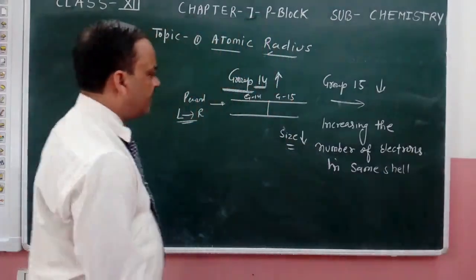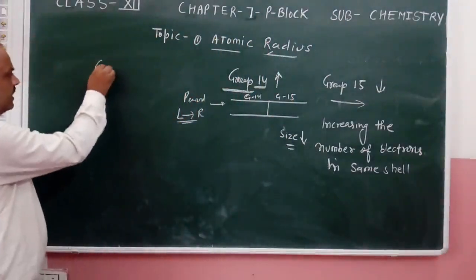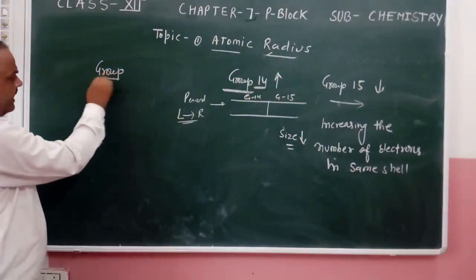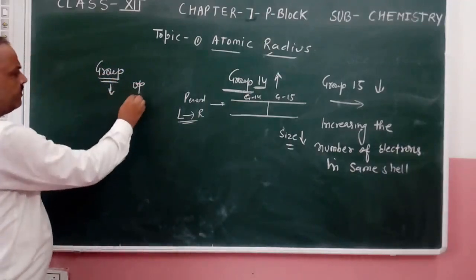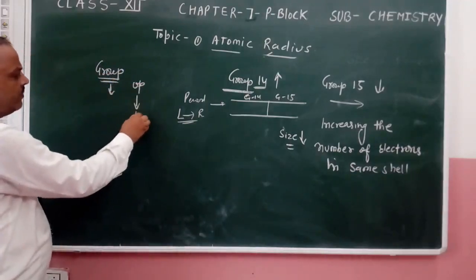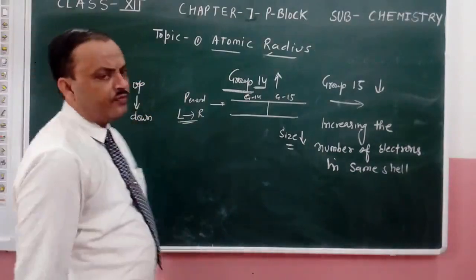Now, what happens in a particular group when we move from up to down?